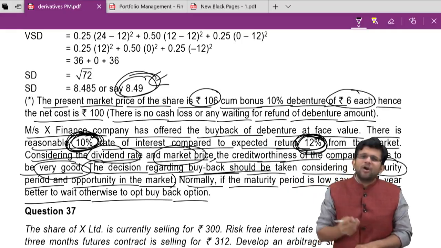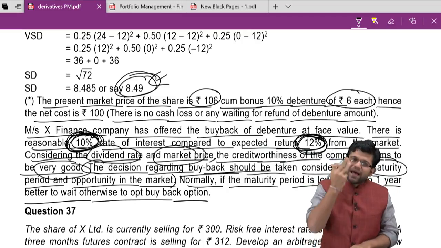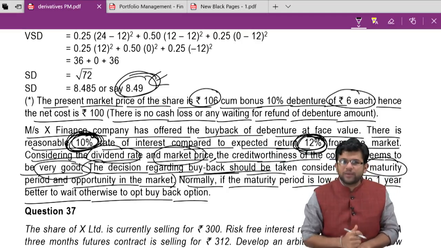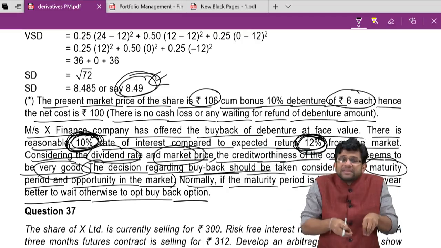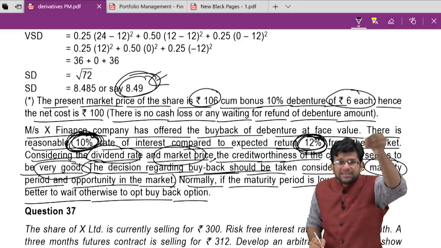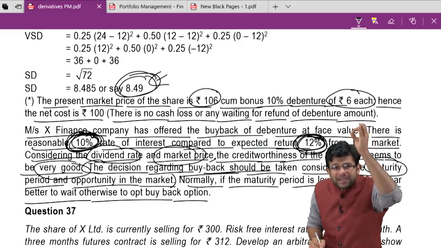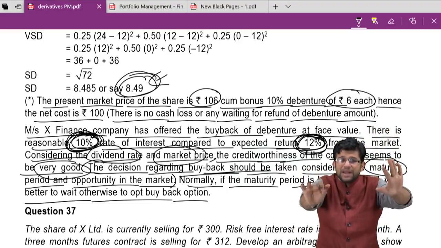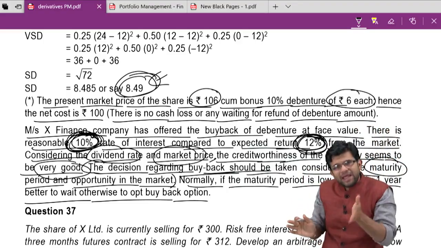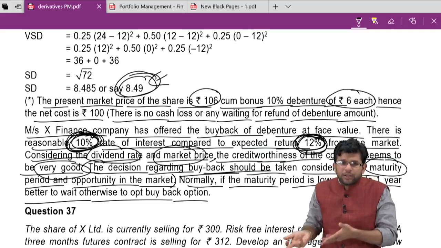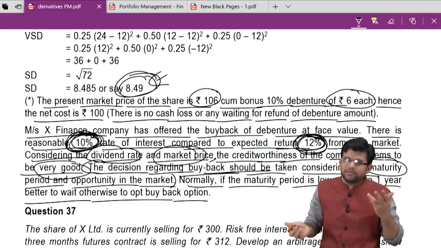What does that mean? Opportunity cost means what? I will accept the buyback means I will get my 6 rupees back from the company. What to do with that 6 rupees? Right now that 6 rupees is there with the company earning a 10% return without risk, correct? Now outside if you're getting something better, then you accept the buyback offer. Opportunity cost is good, accept the buyback offer. This is one way of seeing.